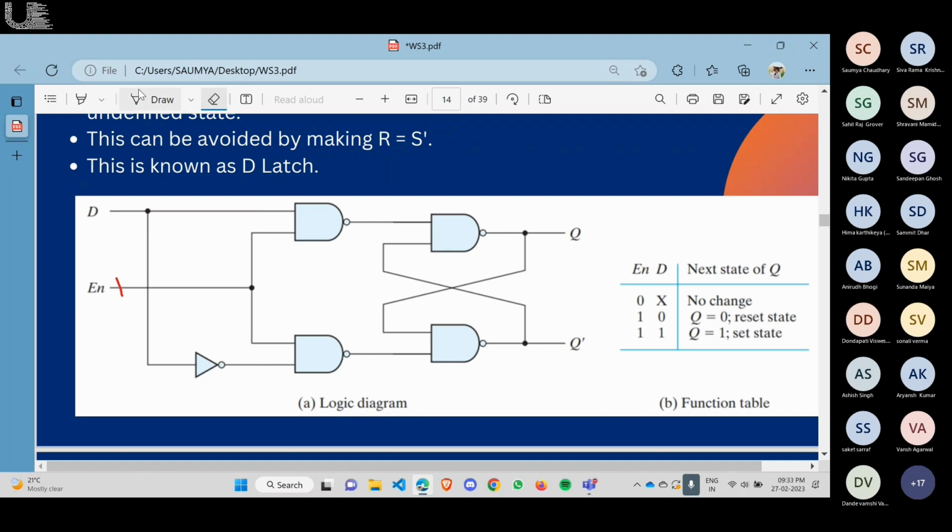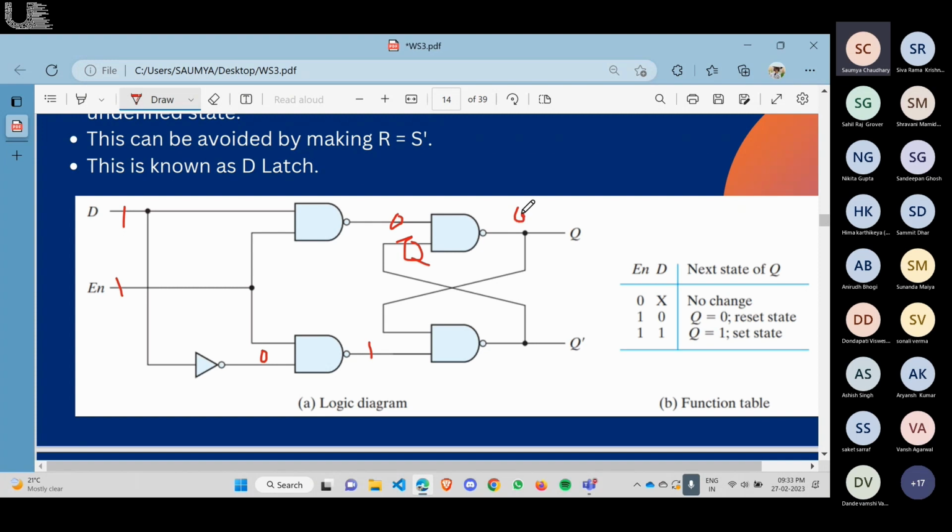If we give D as 1, here we will get 0, and the enable will be 1, so the input is 1 and 0. 1 and 0 gives 1, 1 and 1 gives 0, so 0 and 1.